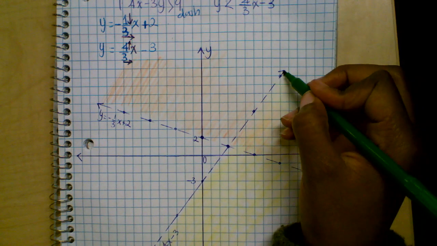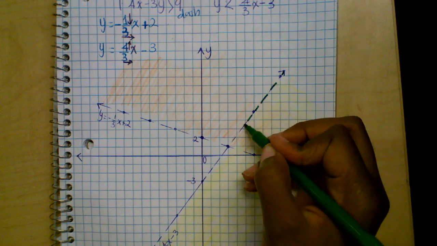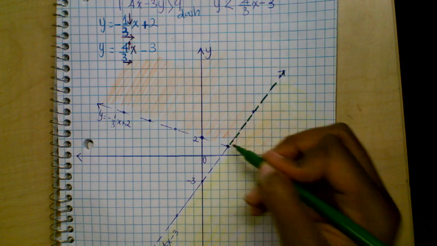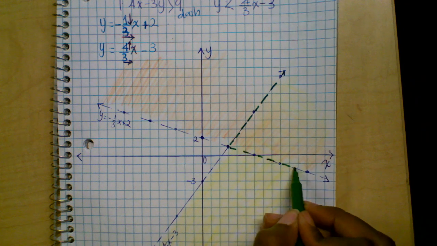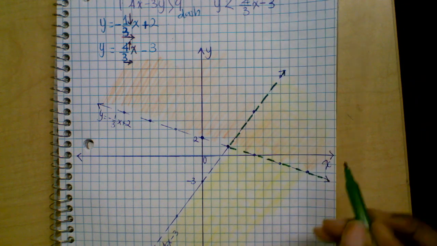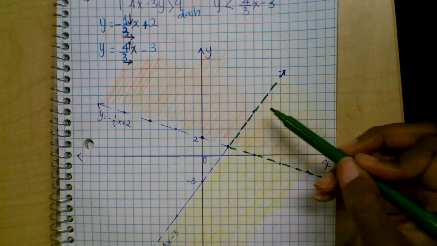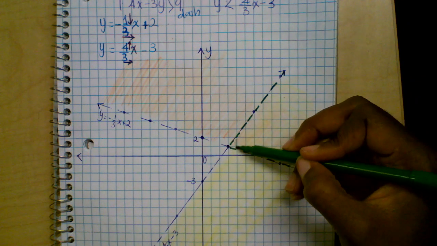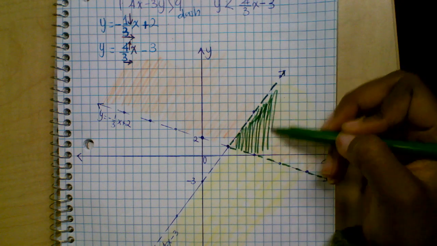I hope you can tell it's right here. It cannot be on this line because you have a dashed line, and it cannot be on this line either because it is dashed. But the solution can be any other pair in this solution area right here. That's what I'm going to color for you to see.